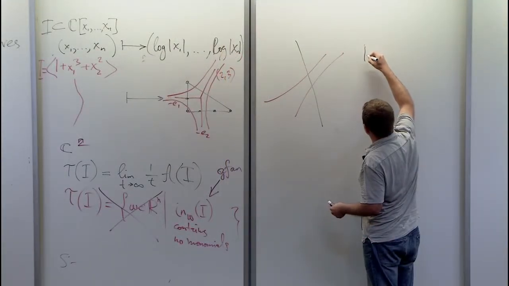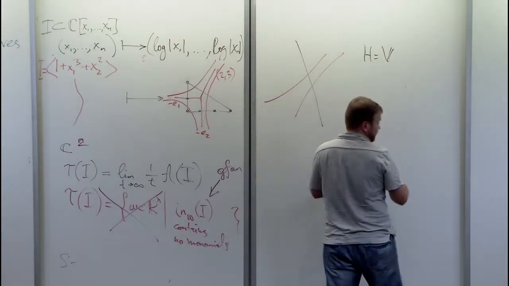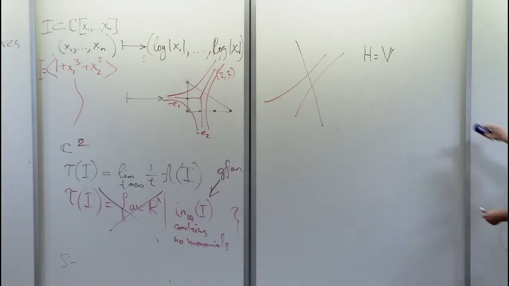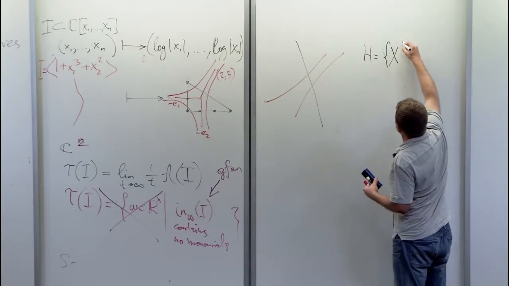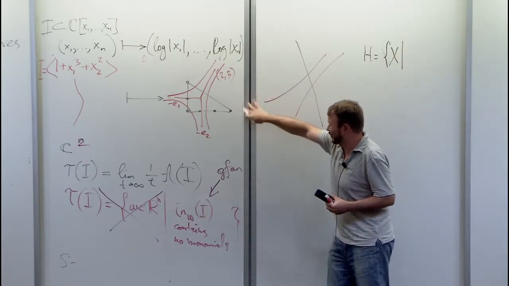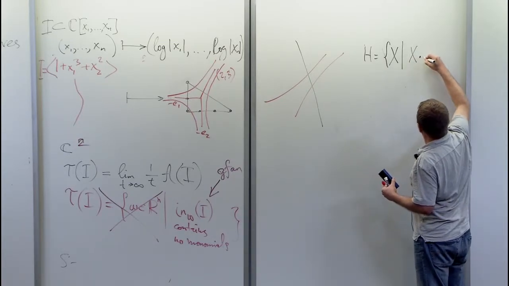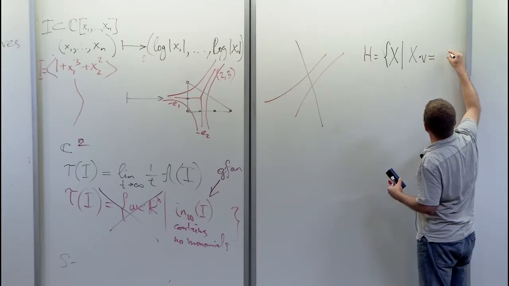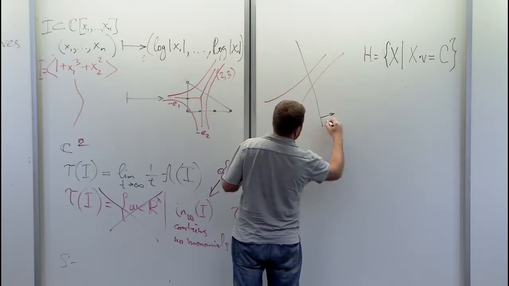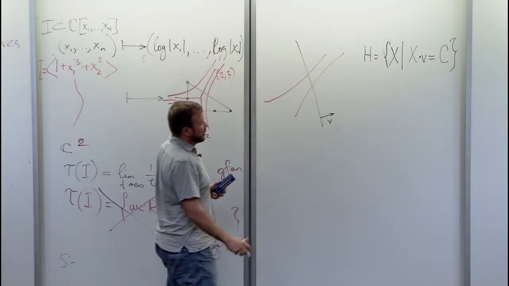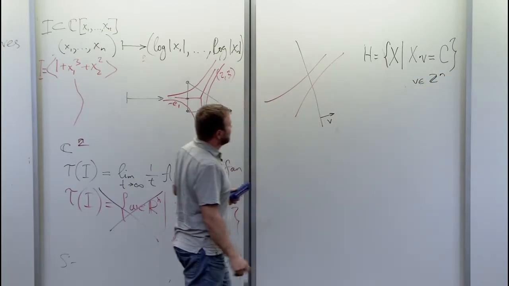let's call it H, which is going to be just a set of points, capital X. I'll use capital X for these log coordinates, where X dot V is equal to C, where V is the normal to this hyperplane, and for simplicity, I'm going to take an integer.